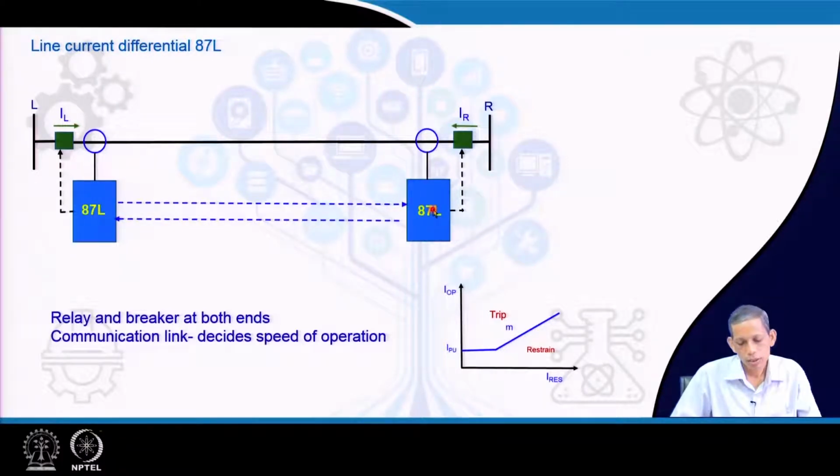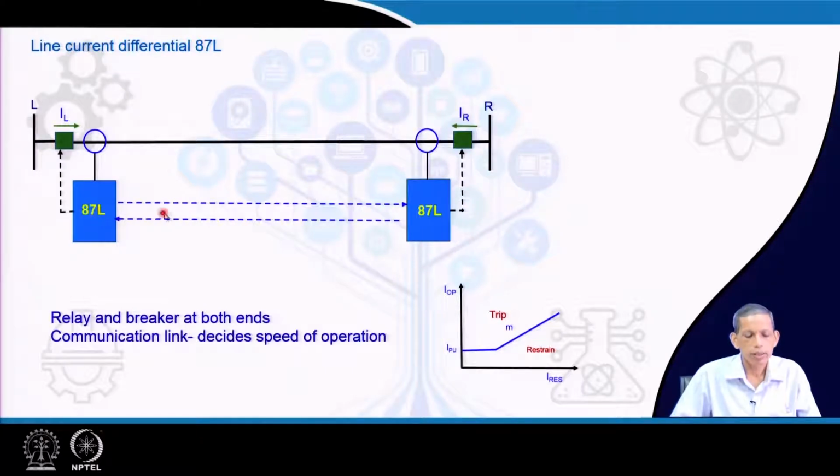Now, this side relay sends current information to the other end, let us say the phasors, both real and imaginary part. In that case, this end receives and then processes it for a decision, either using ping pong or the signal through the GPS.